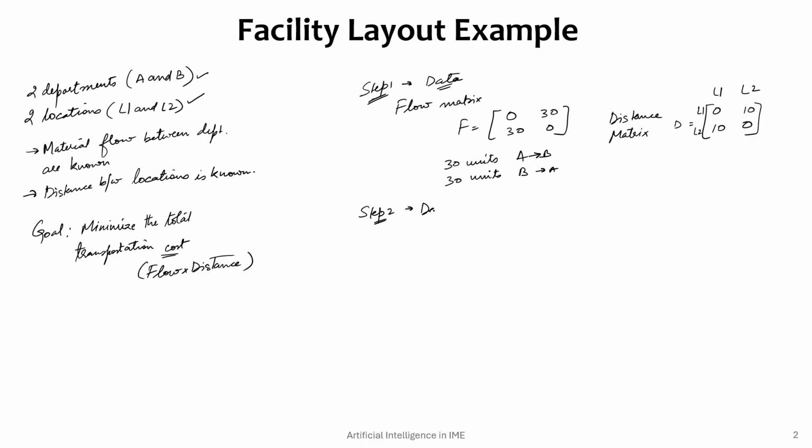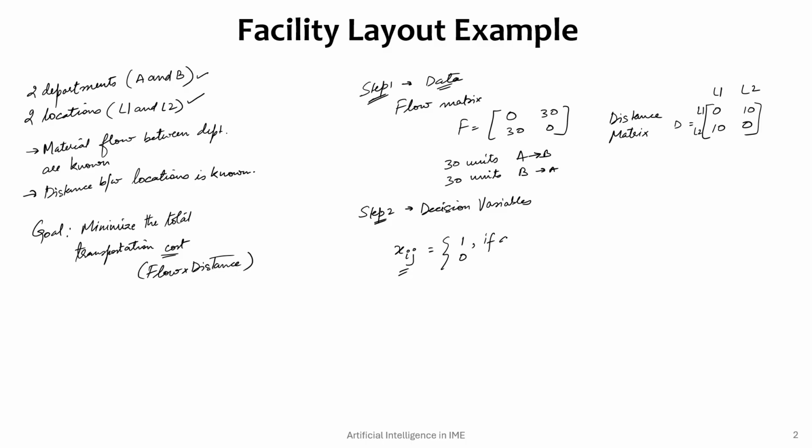to create decision variables. Okay, so let's say x is our decision variable and the subnotations are ij. So what it denotes is this x_ij variable is a binary variable, so it will be only 1 and 0. Now when will it hold the value 1?